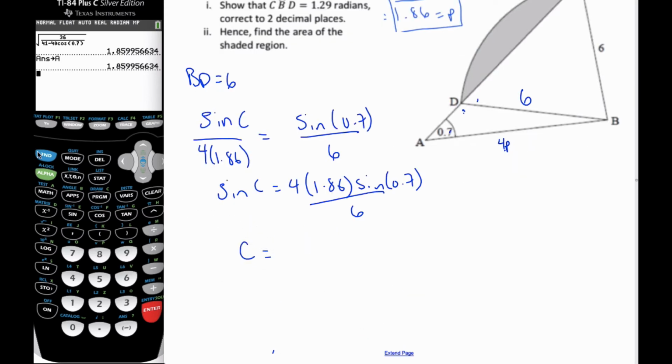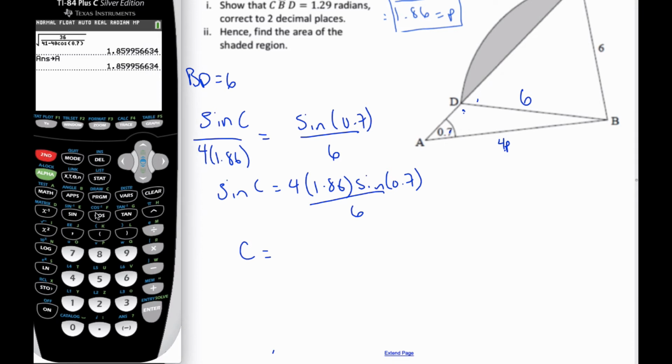I can go inverse of sine, where it's 4, remember P, I called it A, times sine 0.7, close the parenthesis, divided by 6, and close it.